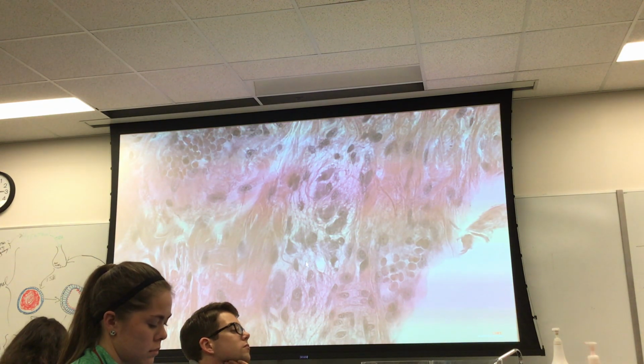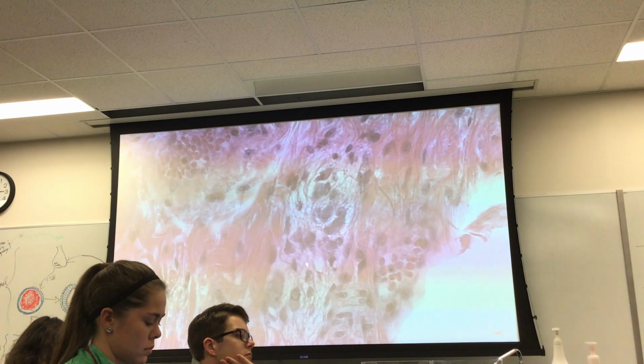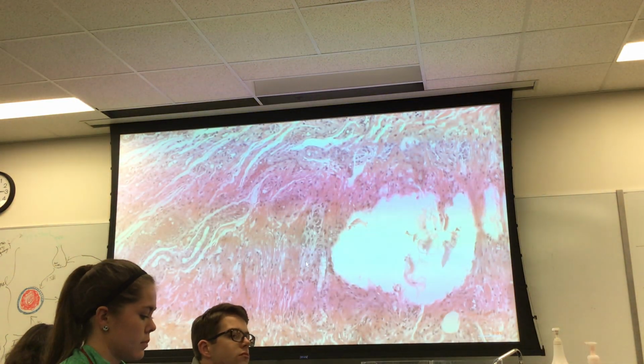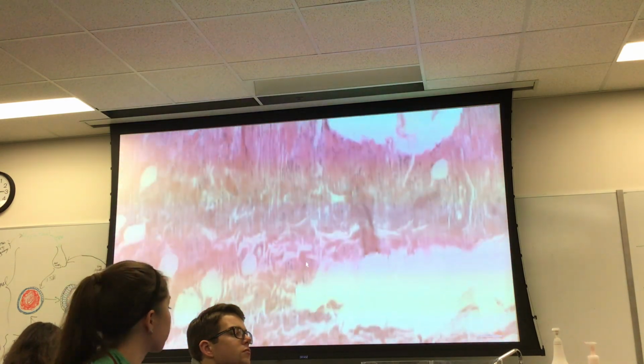So key features: submucosal plexus is going to be surrounded by dense irregular connective tissue. We drop our mag now even further. This is where we were, so that's the mucosa, we were down here in the submucosa.